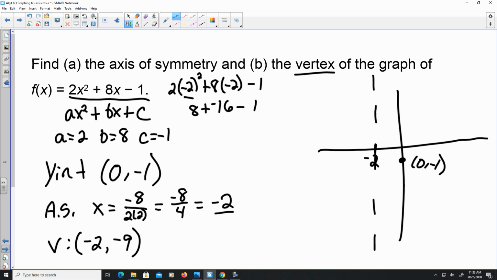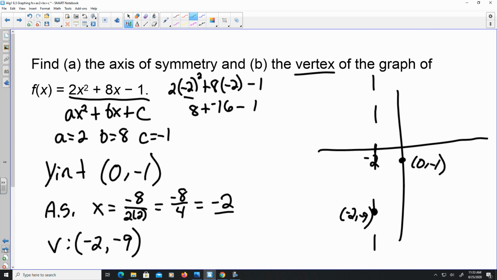So I'm going to try to get it roughly close to where it would be. Again, I don't have a graph, but I'm more interested in your labeling than anything else. And now here is where you're pretty sure you've done it correctly.